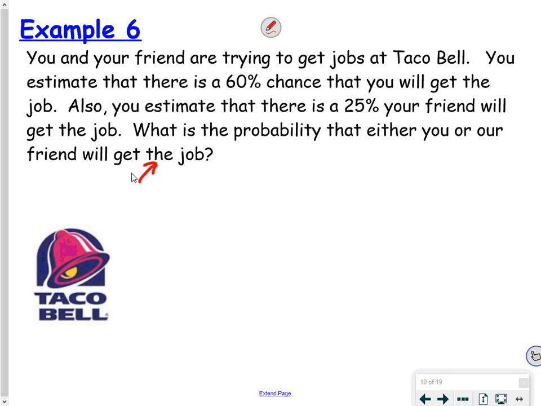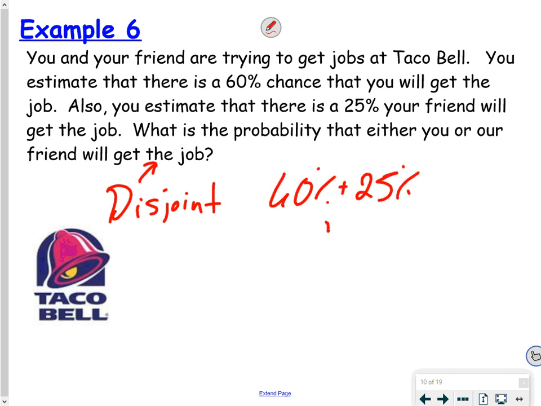So that means that you both can't get the job, so they would be disjoint. So that just means we add them up. So we get 85%. So 85% chance, you or your friend gets the job.